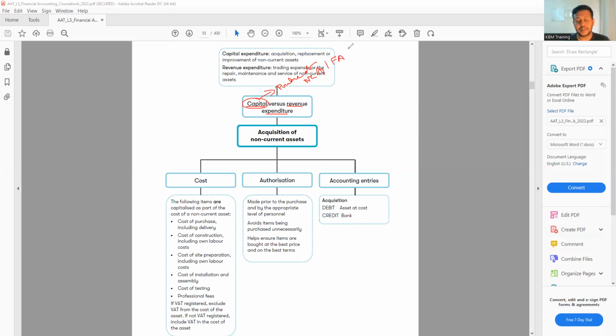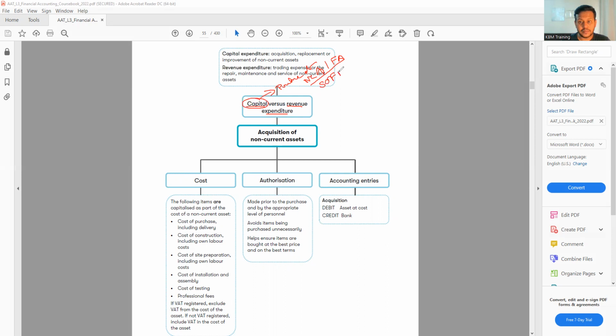When you buy a fixed asset with the intention to use it in the business, we call it non-current asset, and any sort of expenditure we make against the non-current asset, we call capital expenditure. Obviously, this capital expenditure is linked to the statement of financial position.